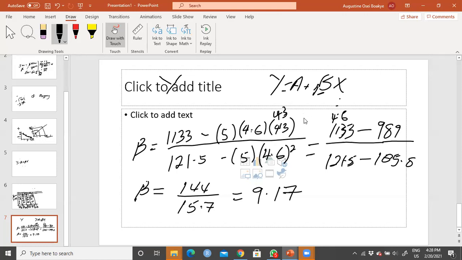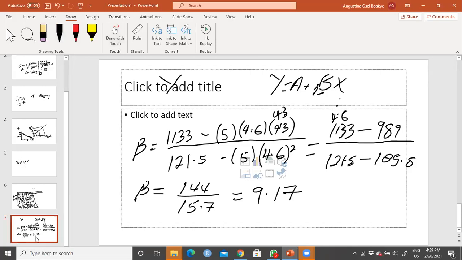Yes, we are following. So now the y over here denotes the average of y, or the y bar. And the x over here denotes the average of x, or x bar. And we have already computed for them. Fortunately for us, we have also computed for the b, which is 9.17. So we are left to only compute for what? The alpha, or the constant. Is it clear?